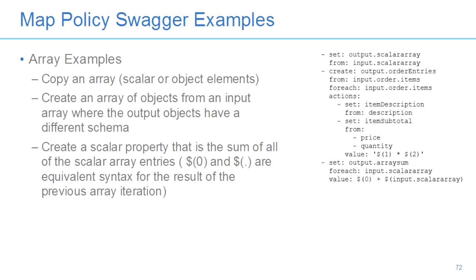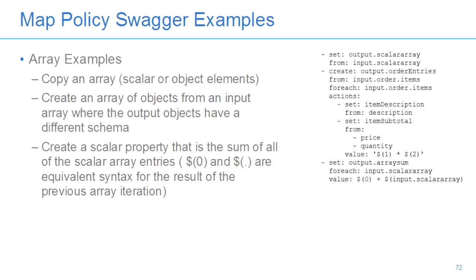The second example here is going to create an array of objects from an input array where I have a different schema. In this case, I'm going to be creating an output order entries that's going to come from my input order items. I'm going to iterate over the order items, and then within that I have embedded set actions. So this will be setting the actual object for each input item.